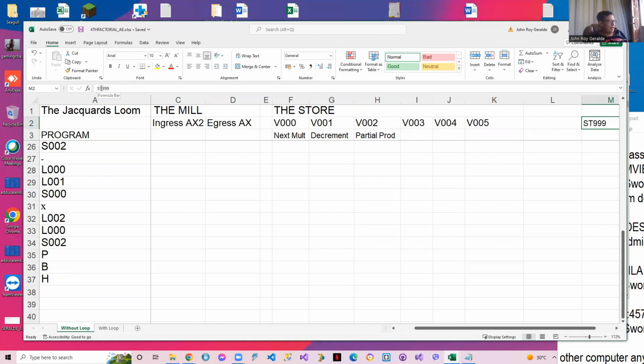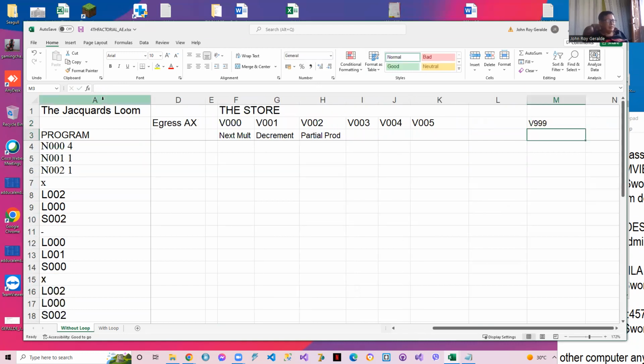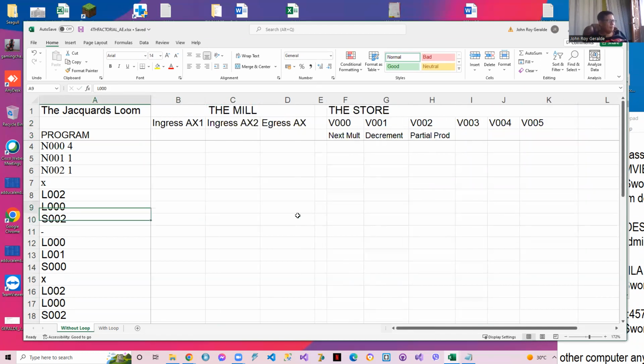This is the last one, B999. Okay. This comes from the store; this is the mill. The mill has only 3 columns: ingress axis 1, ingress axis 2, and egress axis. Okay. When you say N004, we will give this a value of 4.